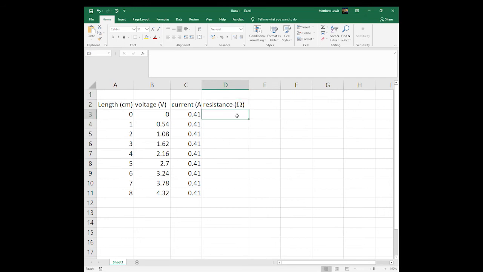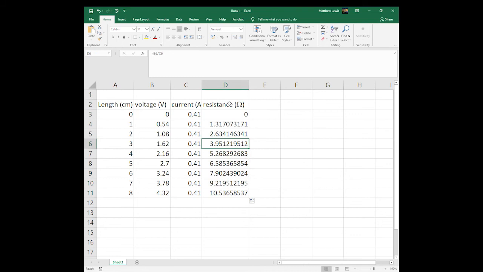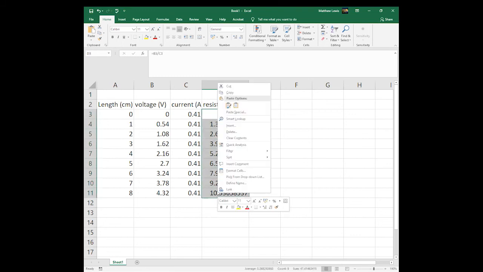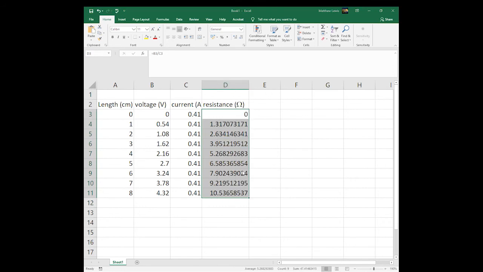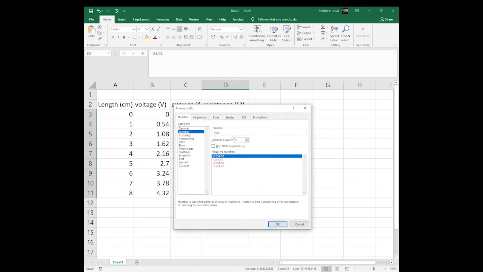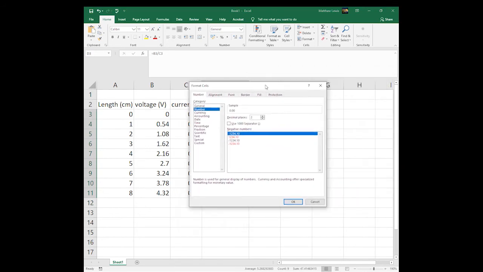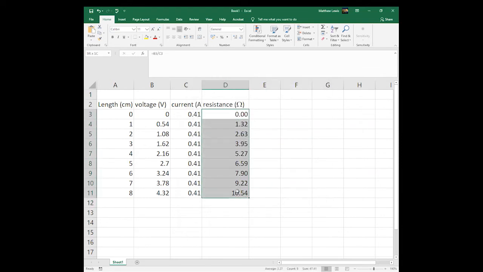Remember resistance is voltage divided by current. Drag it down and we get our resistances. We don't need all these decimal places, so right click, format cells, change them to number. Two decimal places will be enough. So we now have our resistances.